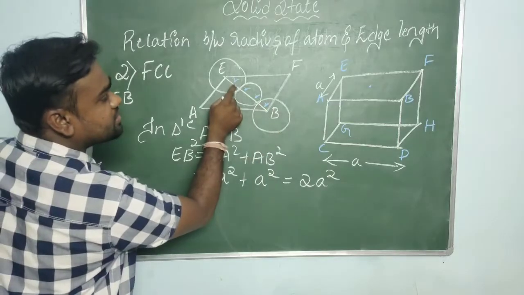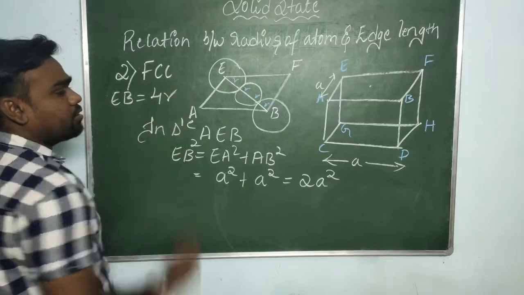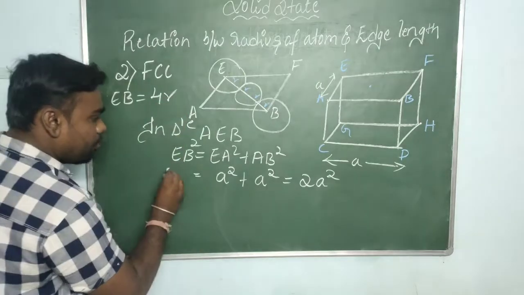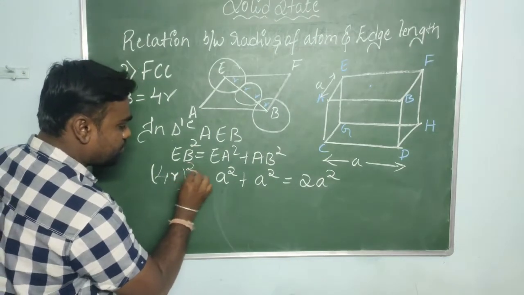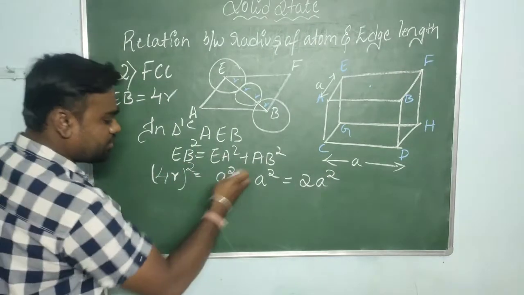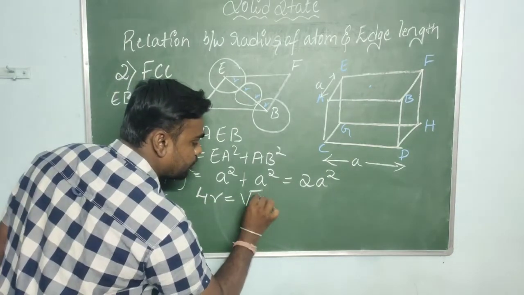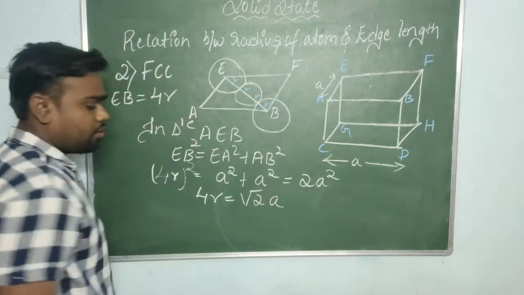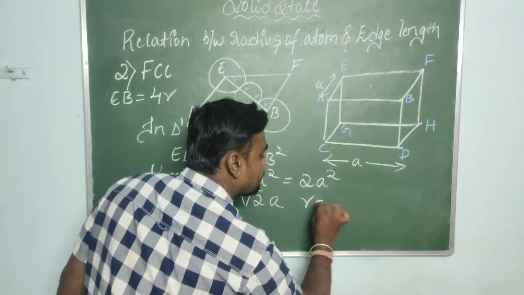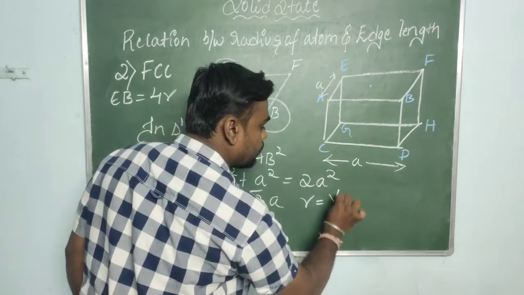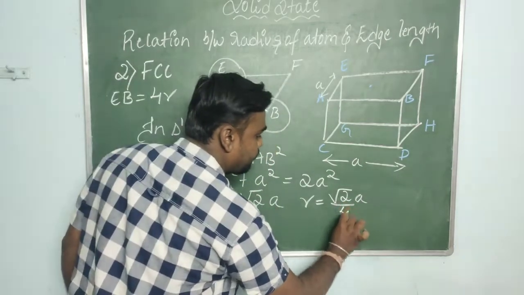EB is nothing but how many radius are there? 1, 2, 3, 4. We can write 4R, so 4R square. If you apply the square root on the right hand side, root 2 A. If you want to find the radius of the atom, R is equal to root 2 A by 4.